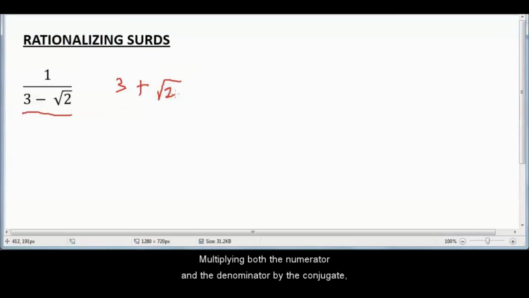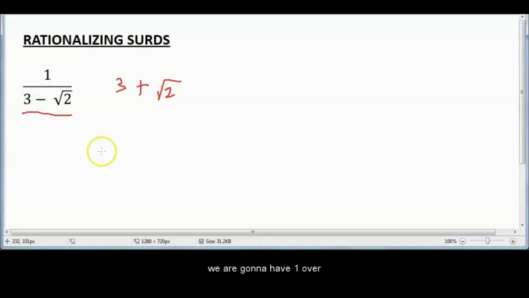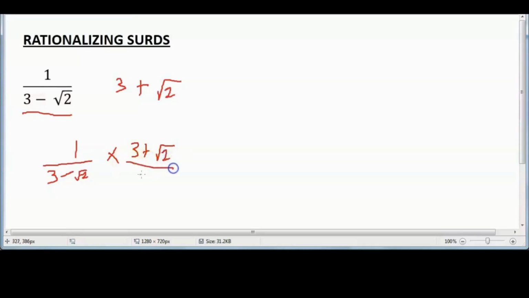So multiplying both the numerator and the denominator by the conjugate, we're going to have 1 over 3 minus root 2 times 3 plus root 2, all over 3 plus root 2.